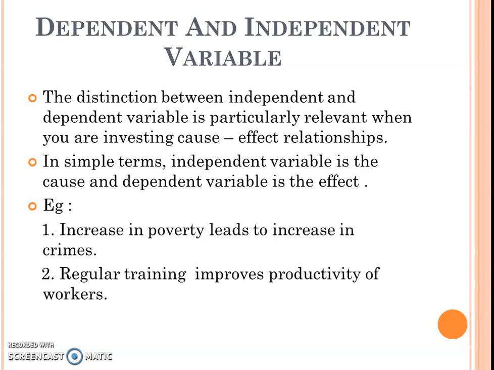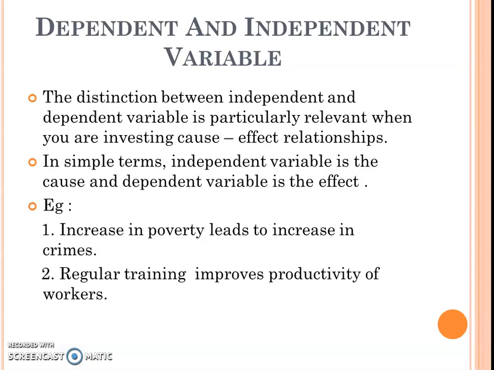Poverty increases, and crimes also increase, progressing linearly. But the crimes are increasing on the basis of the poverty. So which is the independent variable here? The independent variable here is the crimes, and the dependent variable here is the poverty. As the poverty increases, the crimes are increasing.